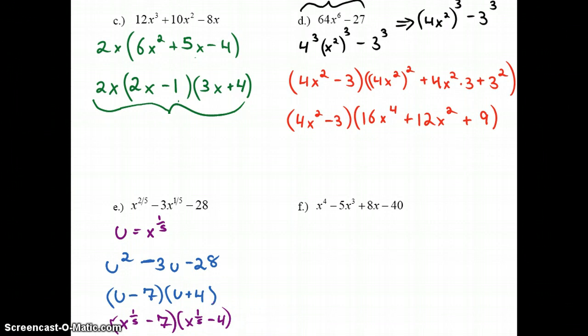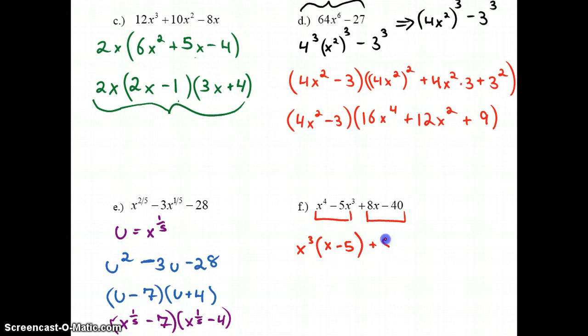Last one, problem number F. I see I have 4 terms here. Luckily though, I can break it up into chunks of 2 terms and see what I can factor out here. For example, I can pull out an x to the 3rd from the first 2 terms, and I've got x minus 5.